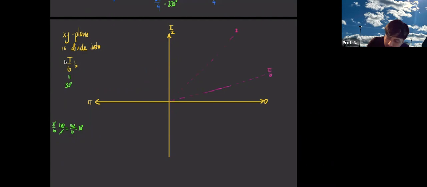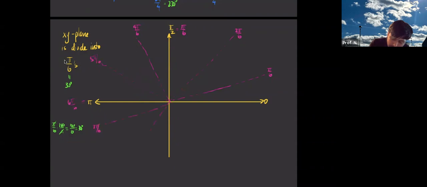This would be 2 pi over 6. This would be 3 pi over 6. This would be 4 pi over 6. This would be 5 pi over 6. This would be 6 pi over 6. Then this would be 7 pi over 6.